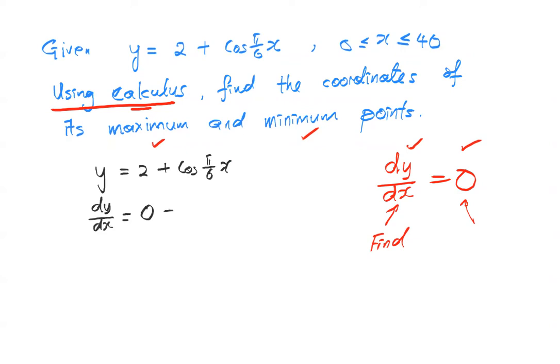You differentiate cos, you get negative sin, write down the angle, times by the derivative of the angle. You make sure this is correct. Then after that, I put it equal to 0. So in this case, I got 2 marks already, that's by calculus. Now the problem is solving this.